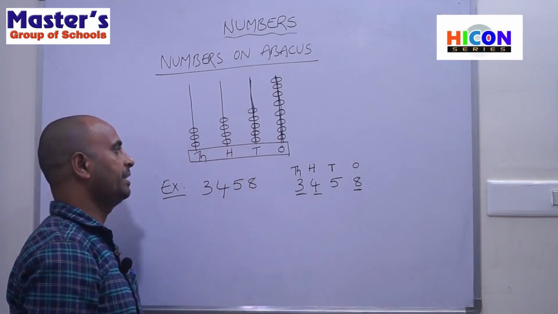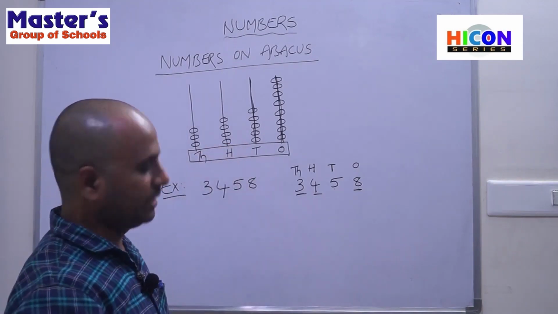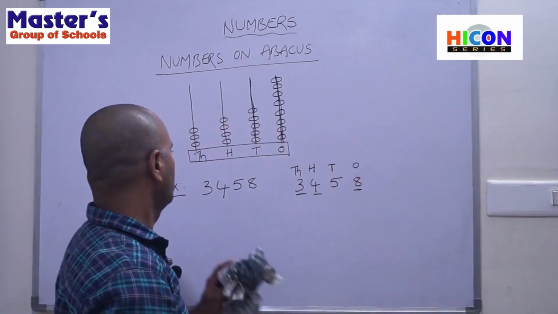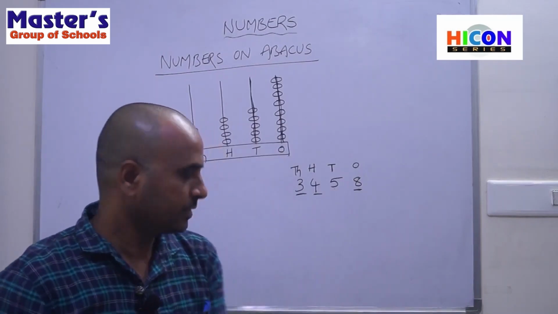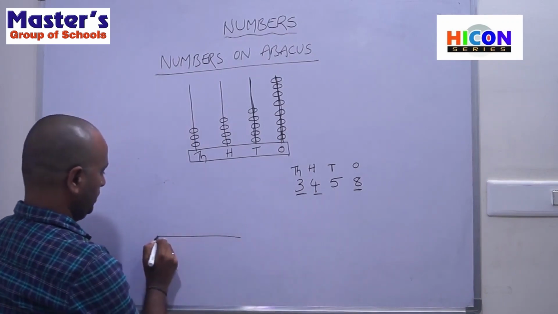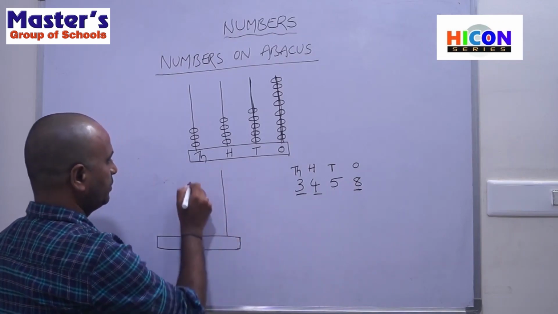In the similar way, we can write a number from the abacus. So take an example like this. So here an abacus is given like this. So this is an abacus, and it has 4 sticks.